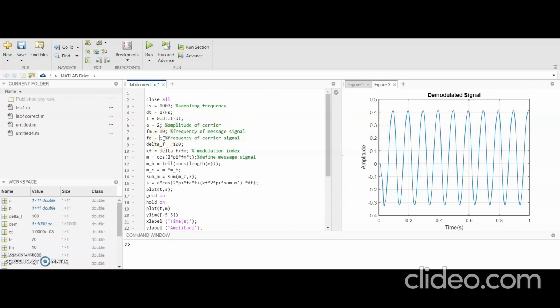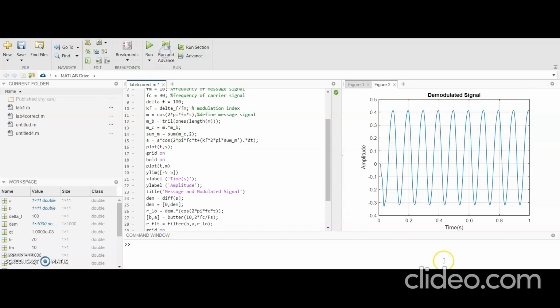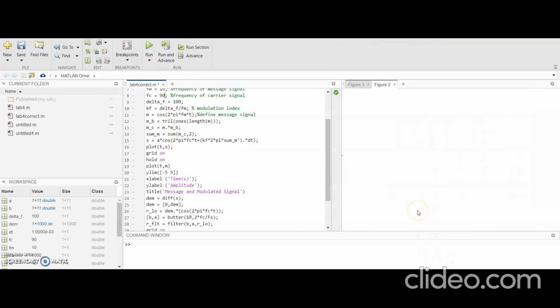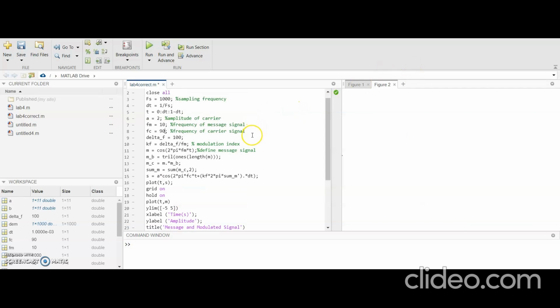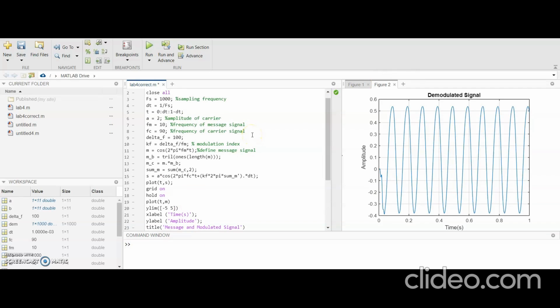If we change it to 90, the amplitude of the demodulated signal will become 0.5 something. From the result, we can conclude that when Fc increases, the amplitude of the demodulated signal also increases.